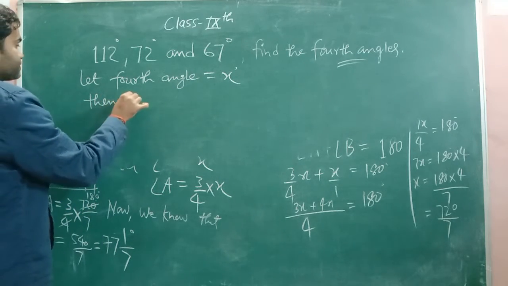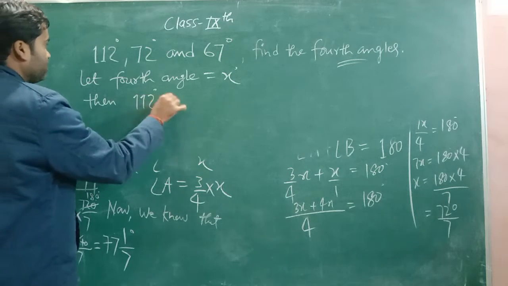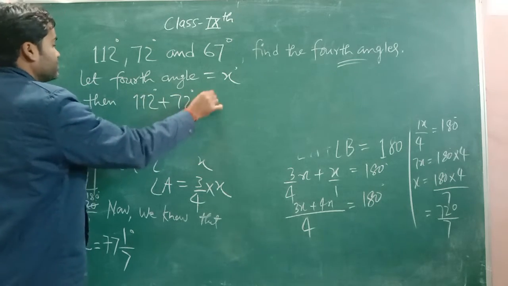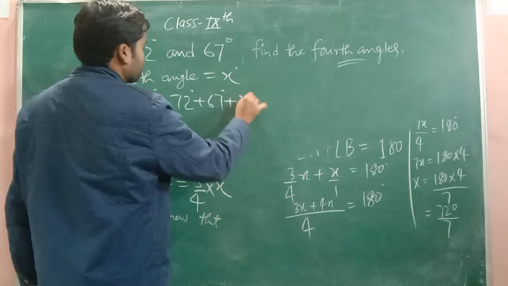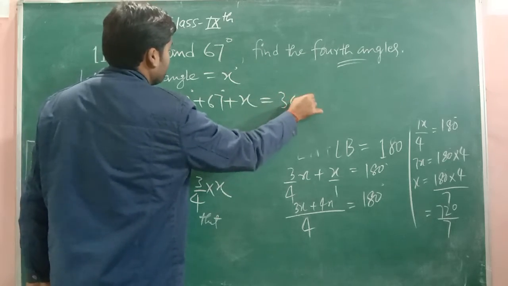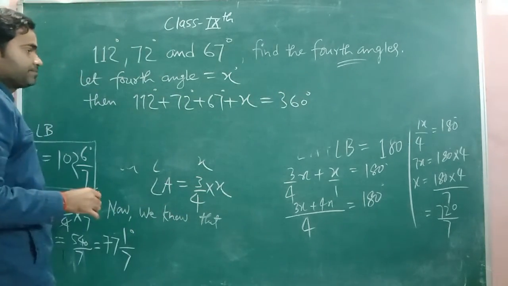Then these three, 112, 72, 67, plus x will be equal to 360 degrees.